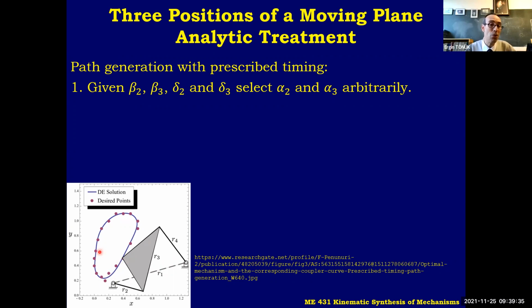And you would like to trace this curve. Of course, we know that we can't design a mechanism that would trace this curve exactly, because there are infinitely many points on this curve. However, to design this 4-bar, we know we have a finite number of design parameters. It's not a CAM, okay?